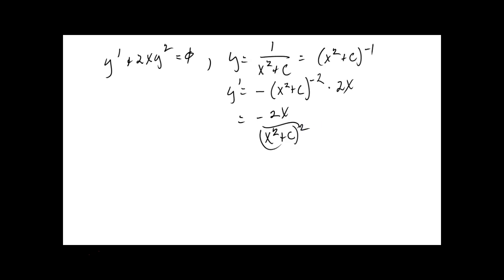Said it wasn't going to be pretty, but we can handle it, right? Okay. So let's see if indeed this solution with that first derivative fits in that equation. This is how you verify that it works. Well, this is your y prime right there. So minus 2x over x squared plus c squared, plus 2x, and what's your y squared?